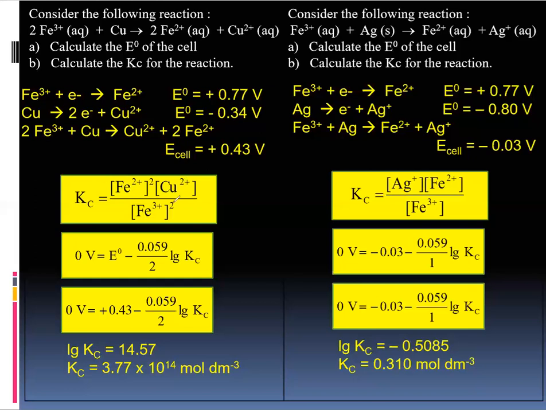Then we divide this by that of the reactant. In the reactant, you can see copper is a solid, so we will not include it. So we just have Fe3+ raised to the power of 2.